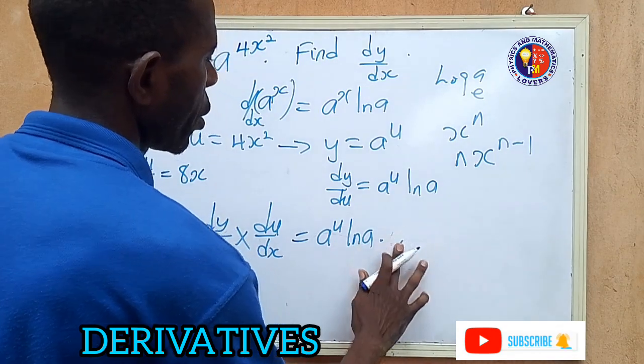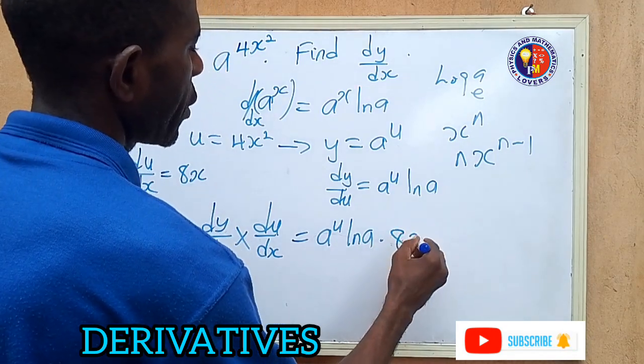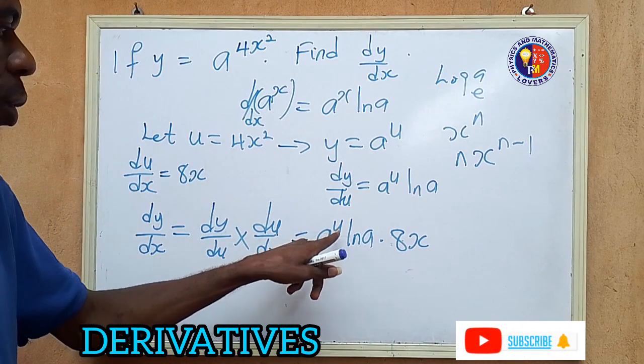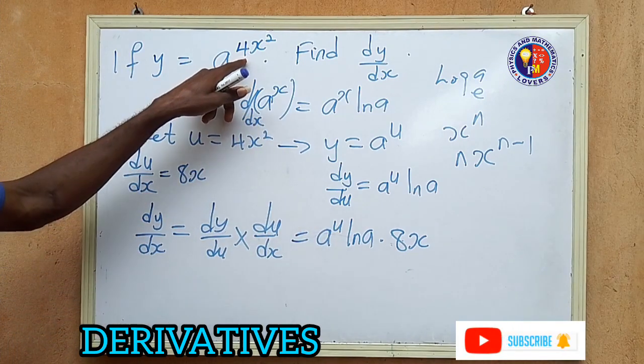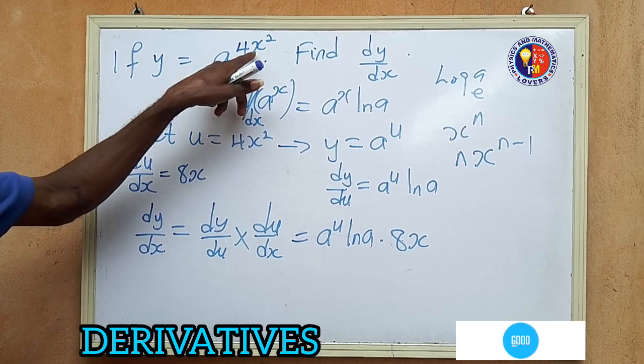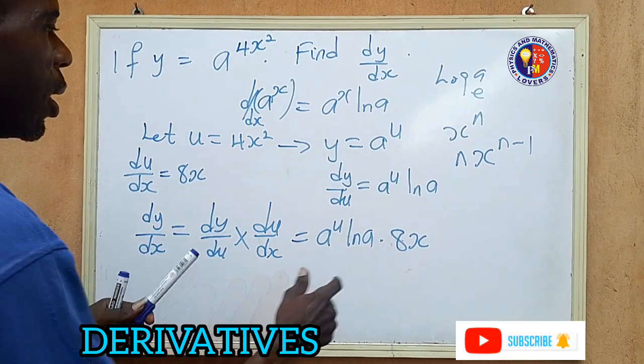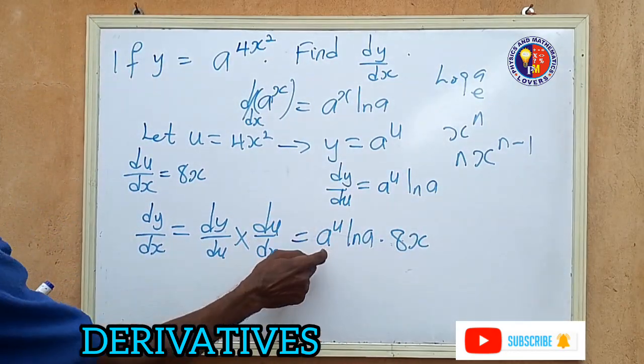But remember, our u is not in the original frame of the question. Our u there is 4x squared. So I can bring this 8 down to come before this place here.